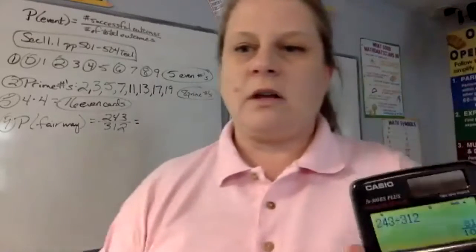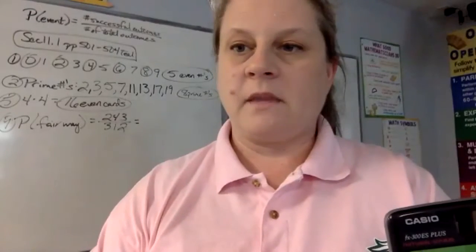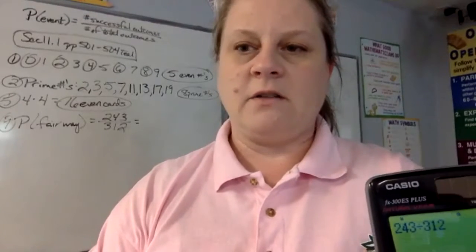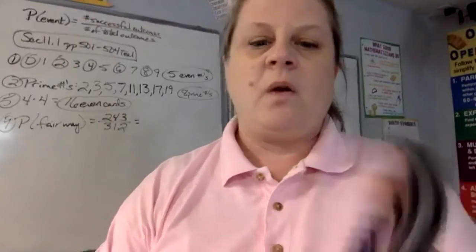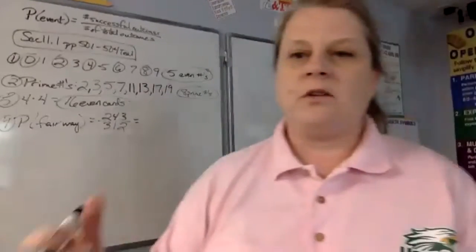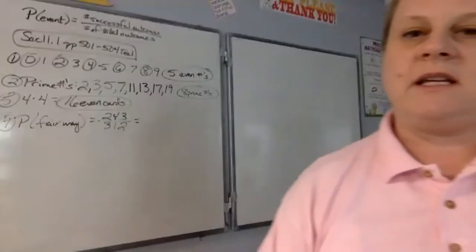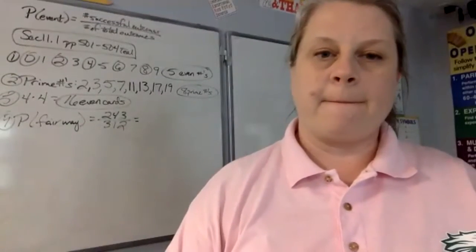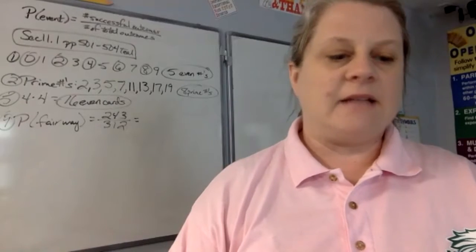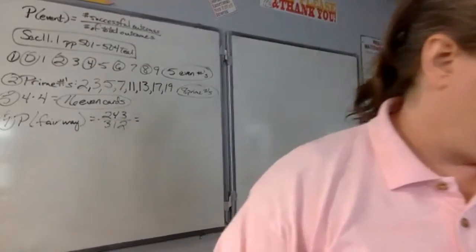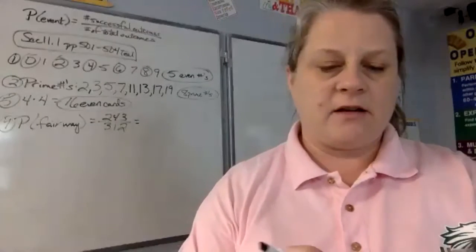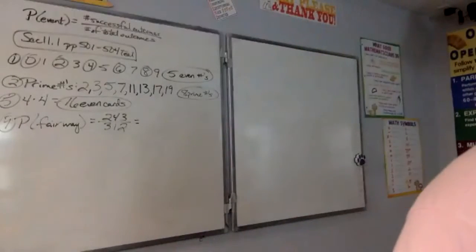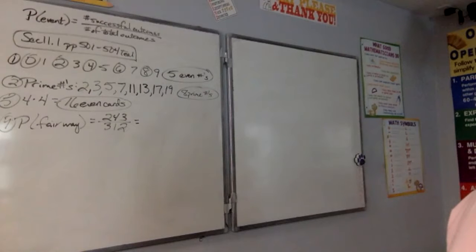You can reduce the fraction if you want. But I told you when they're talking about it this way with relative frequency, they usually put it as a what? A decimal. So you hit the little SD button if you're using the scientific calculator, and you get a big long decimal.